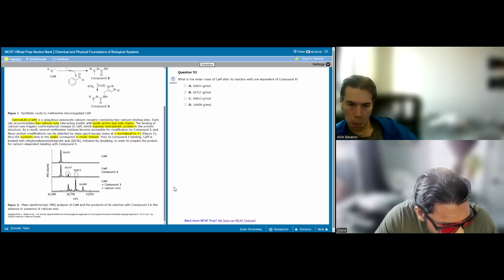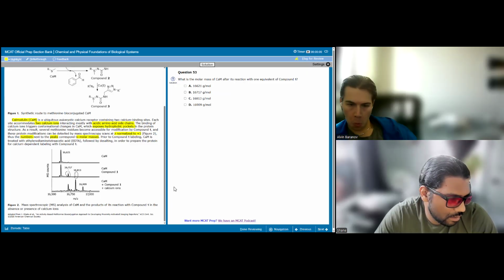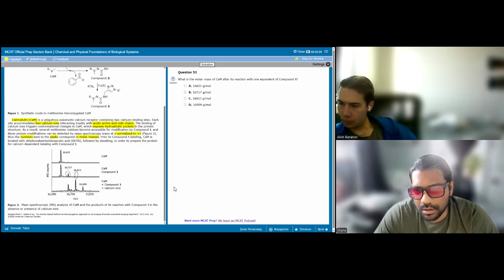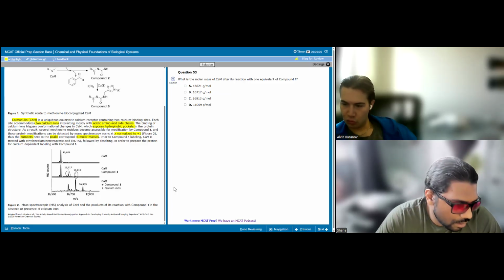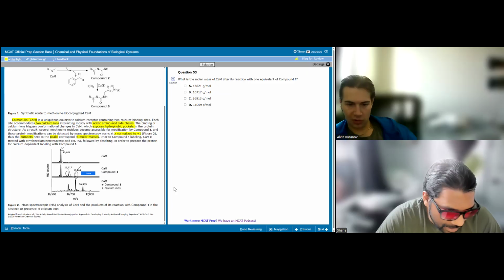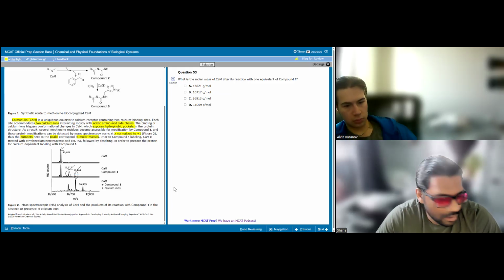So this is CAM on its own, this should be compound 1 on its own, and my guess is this is the CAM after these two interact, right?